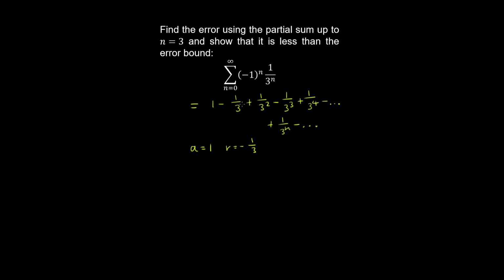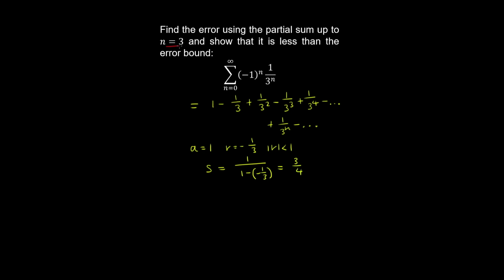And therefore the series converges because the absolute value of the ratio is less than 1. So the sum of the series is equal to a on 1 minus the ratio, which is 1 on 4/3 or 3/4.